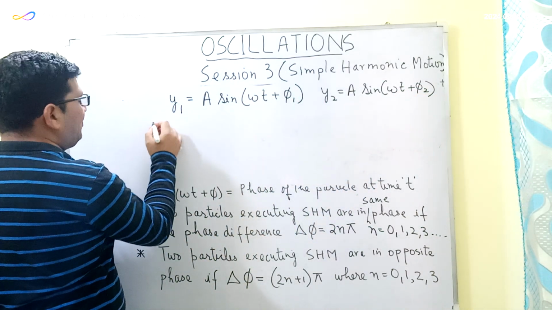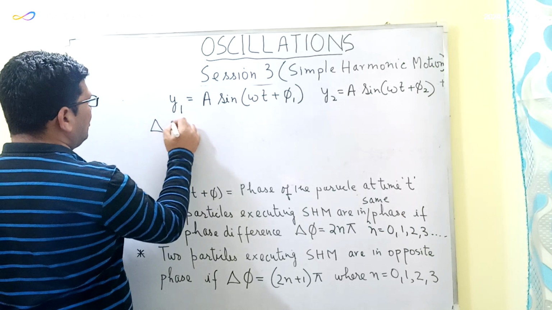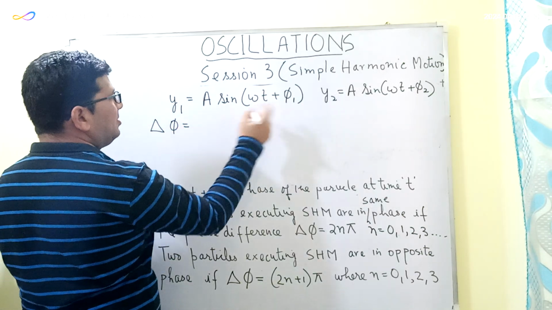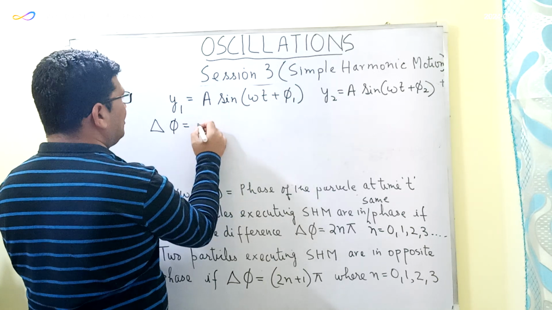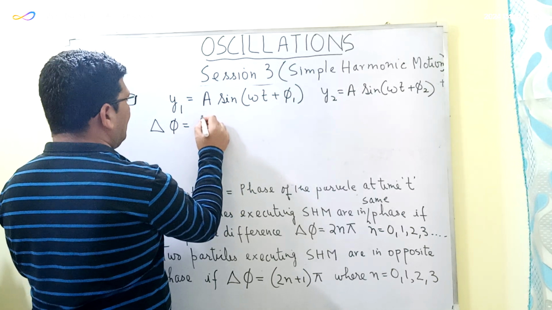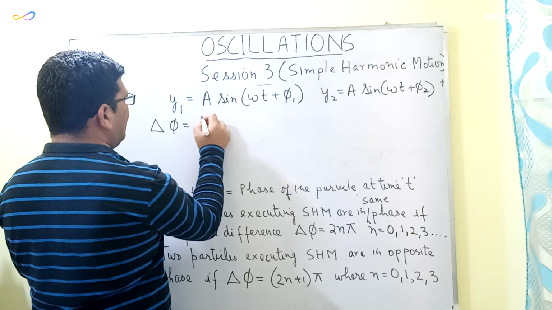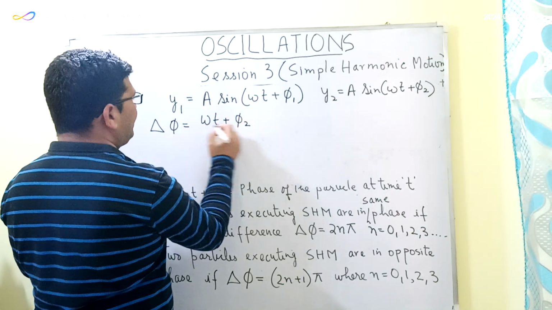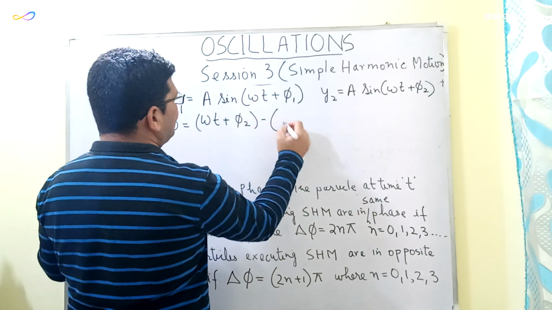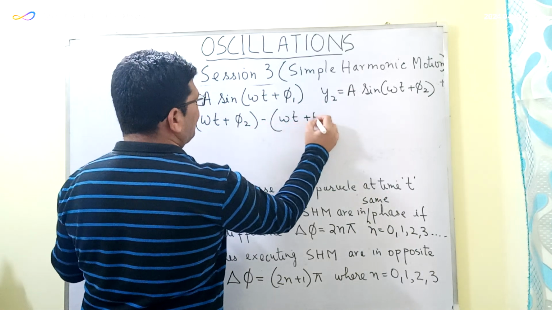So the phase difference, Δφ, will be equal to (ωt + φ2) minus (ωt + φ1).